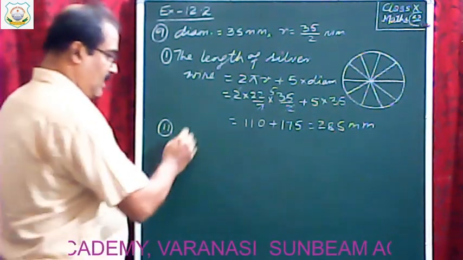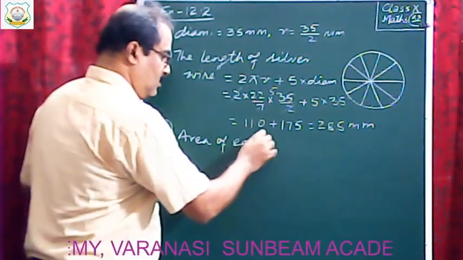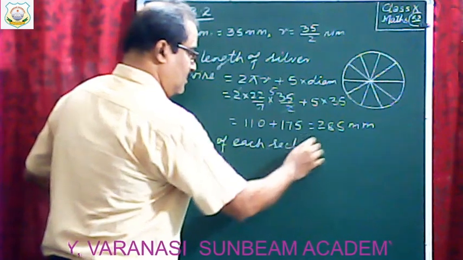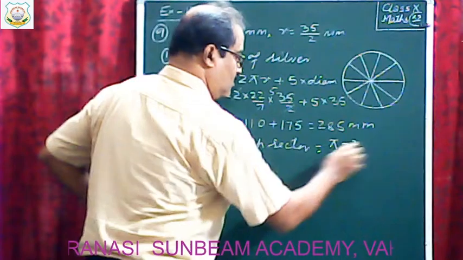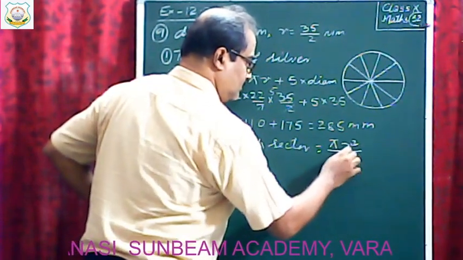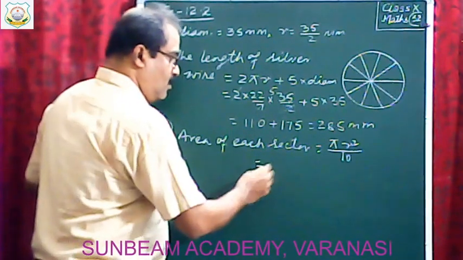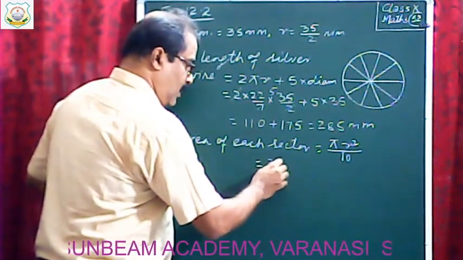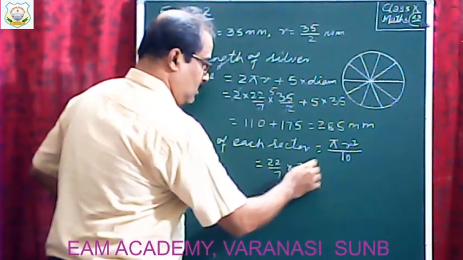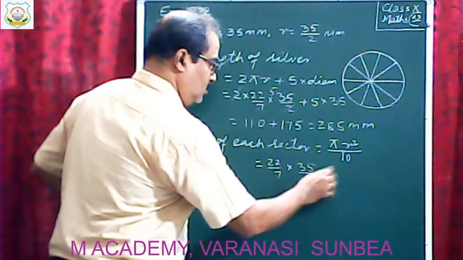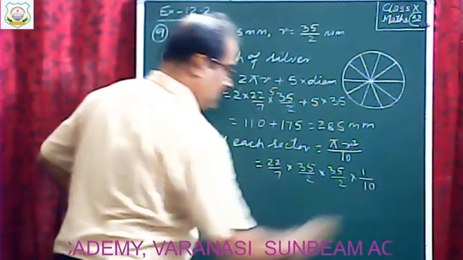So area of each sector equal to pi r square upon 10. Now use pi equal to 22 by 7 into r, 35 by 2 into 35 by 2 into 1 upon 10 as it is.